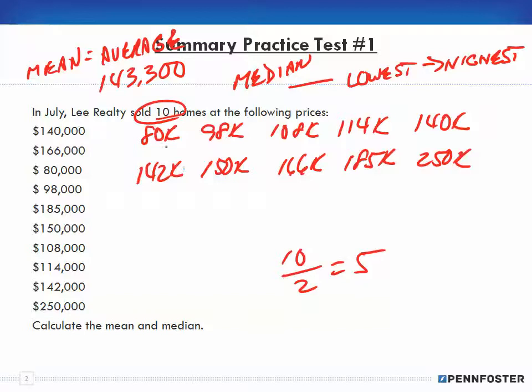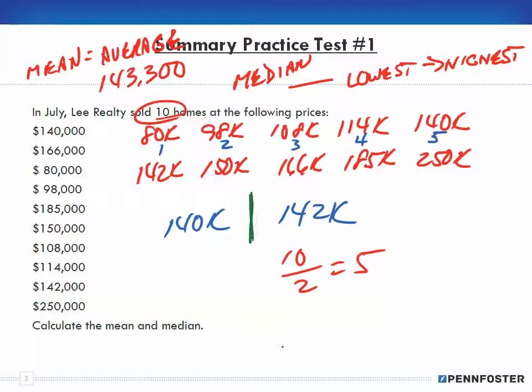So I have 80,000 is 1, 98 is 2, 108 is 3, 114 is 4, 140 is 5. So I'm going to be looking between the 140,000 and the next data point, which is 142,000. And what we do is we have to find the middle value between those two.